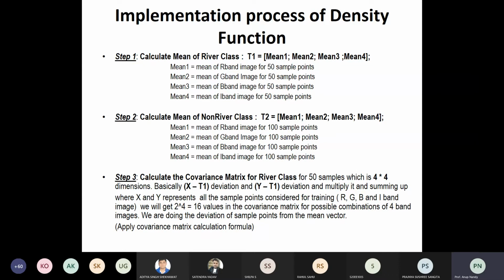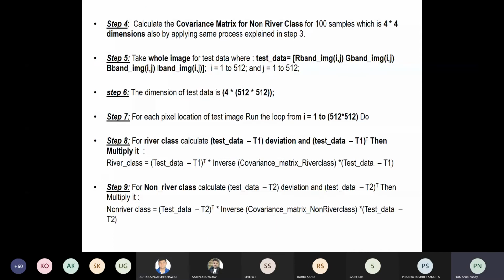The 4 variances are COV of x minus mean into x minus mean, for red, green, blue, infrared. It is also a symmetric matrix because COV of 1, 2 is equal to COV of 2, 1.